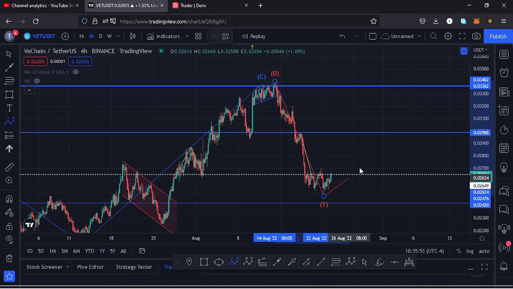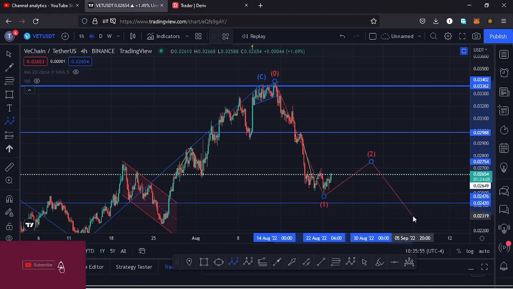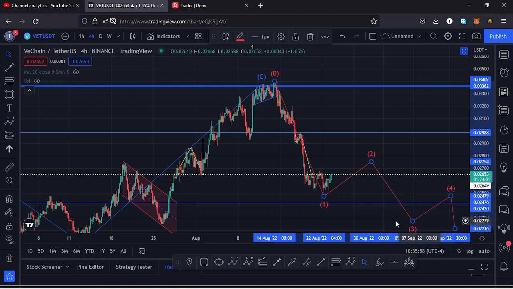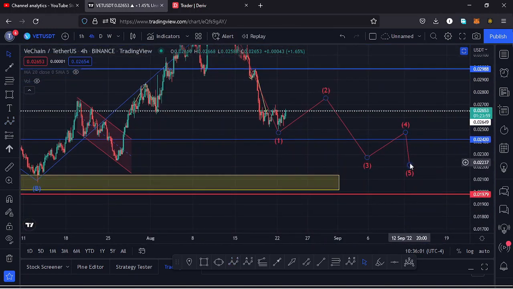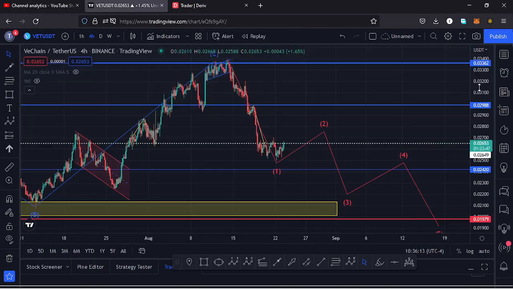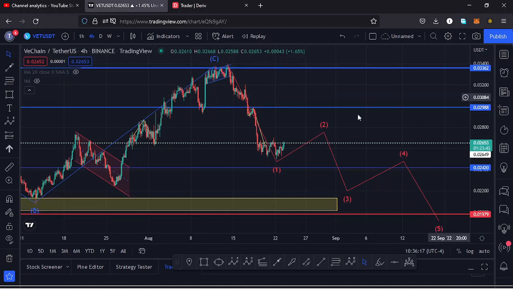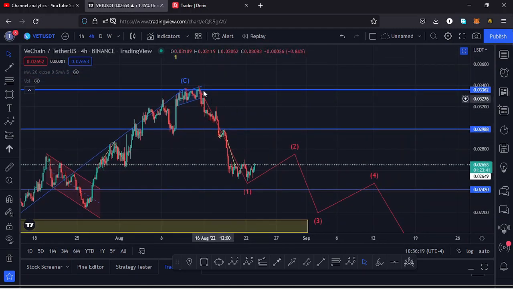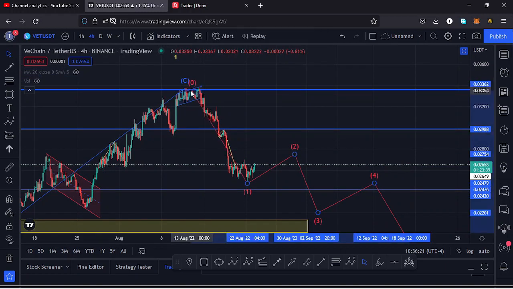Then I expect the formation of a wave 2, then continue pushing lower in the formation of a wave 3, see a wave 4, and then a wave 5, which might be giving us lower lows here on the Vechain chart. So it's possible that that ABC correction that we saw has not yet given us the low for Vechain, and maybe we are yet to have another lower low so that we can continue pushing high and maybe go back to an all-time high.